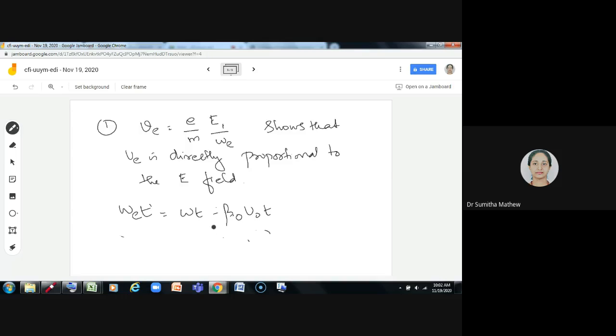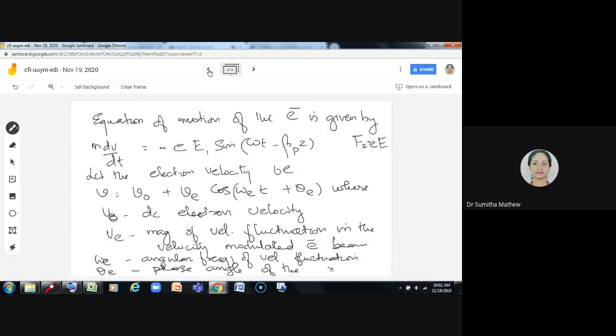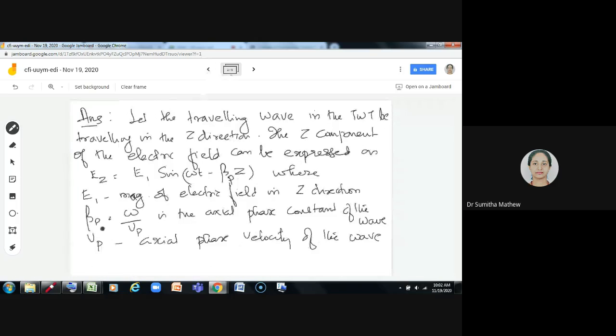Omega t. Omega is actually from the earlier equation, omega is Vp into beta p, that we have written first in the first slide, didn't we? See, beta p is equal to omega by Vp, or omega is equal to beta p Vp.